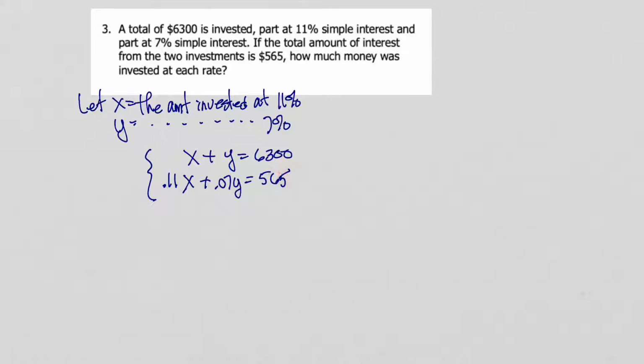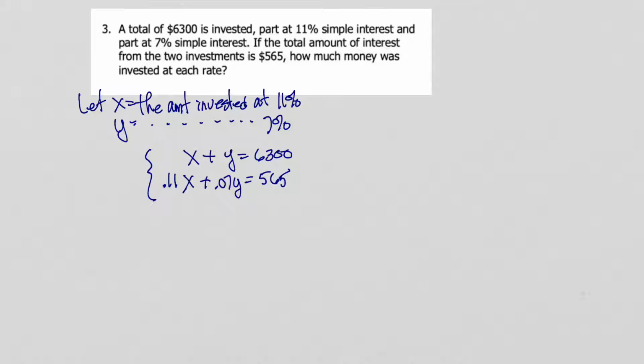Well, the $565 was the interest. Now, if I take x dollars and put it at 11%, then 11% of that investment will give me my interest. And then I'll get 7% interest on the amount I put into the other account. So this is interest plus interest gives me total interest. So there's our two equations.